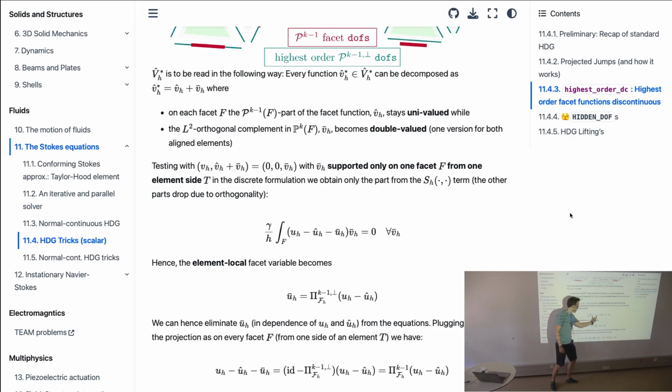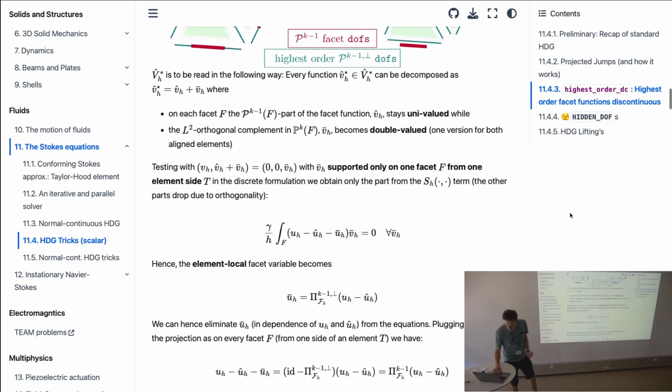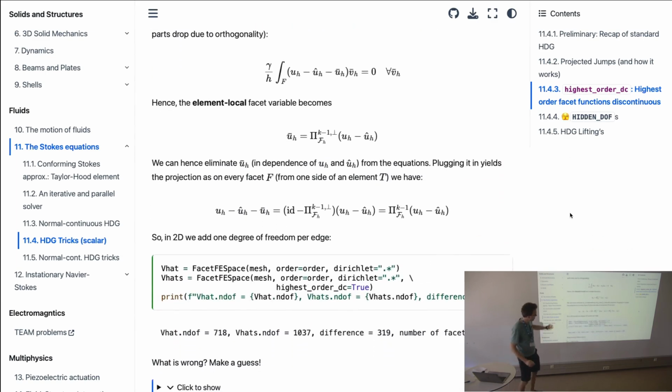This is the k minus 1 part. And now here you essentially subtract the projection onto the orthogonal complement. So effectively this implements for you the projection into the polynomials of degree k minus 1. Perhaps it's a bit fast, so you can read this up later on. But effectively, this trick gives you the projection that you need in order to do the reduction without adding consistency errors of lower order.